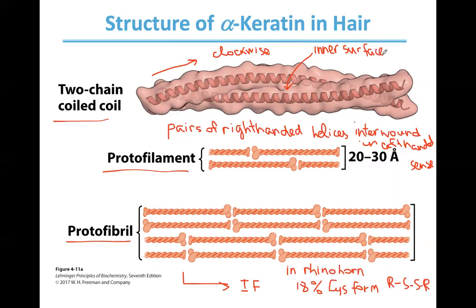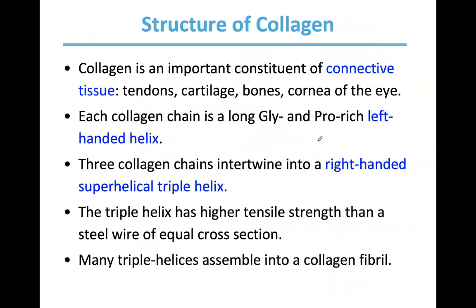So alpha keratin is rich in, for example, alanine, valine, leucine, phenylalanine, and so on and so forth. And that's because of the interaction between the two coiled coils. All right, so that's alpha keratin.